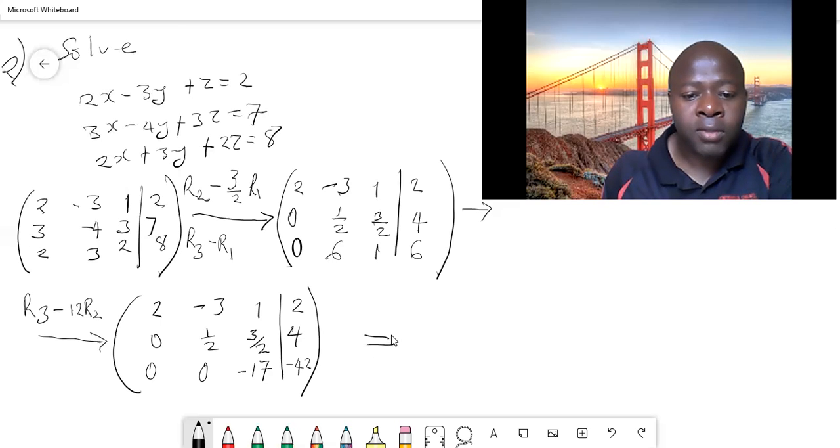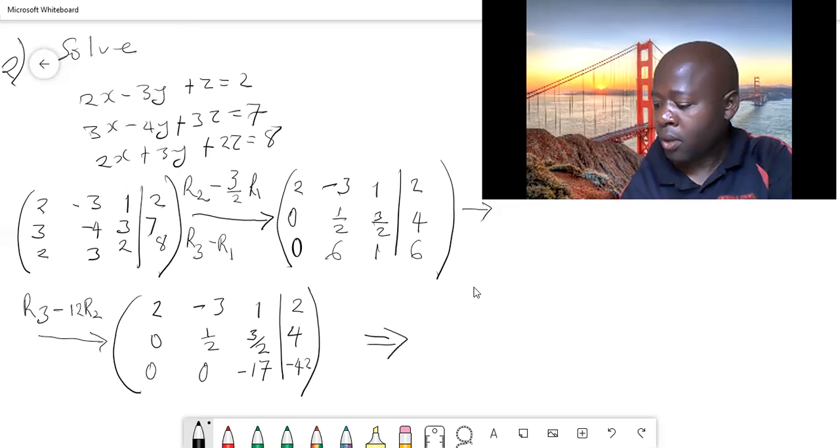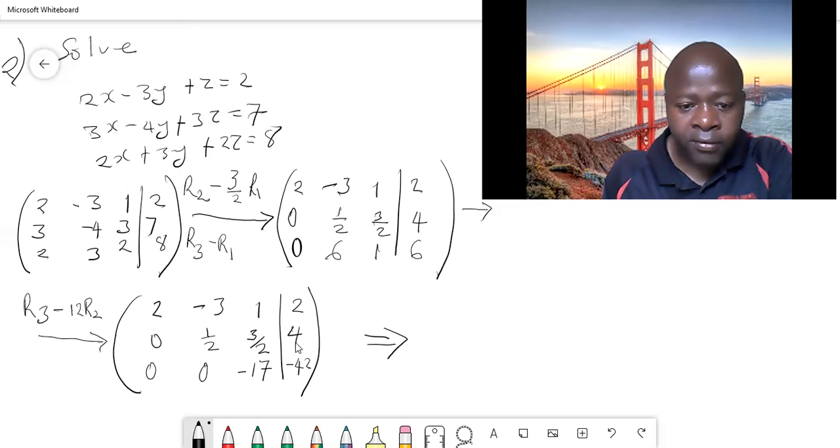So what does this mean? What this means is that we have the first row here meaning 2x minus 3y plus z equals 2.